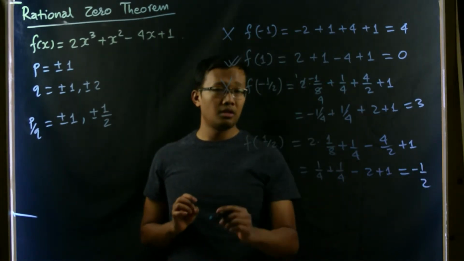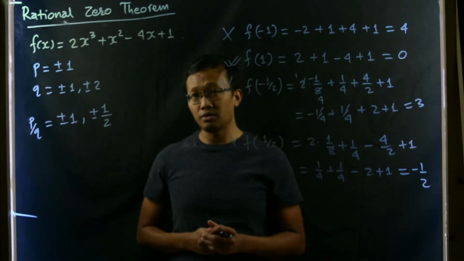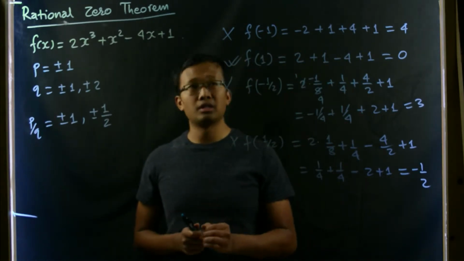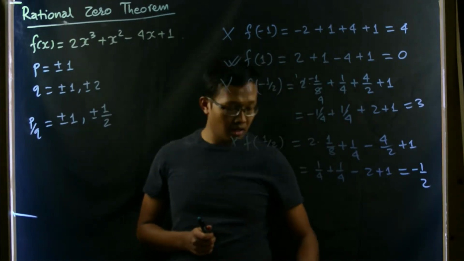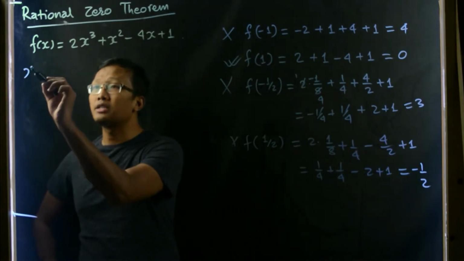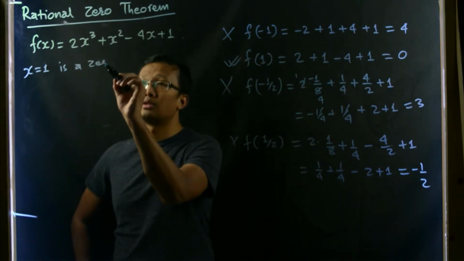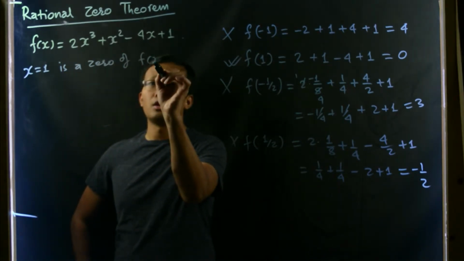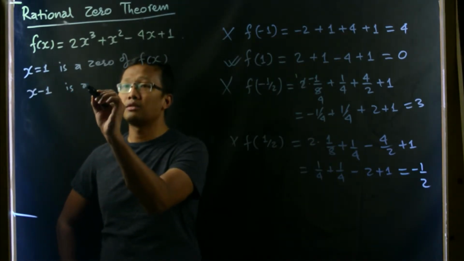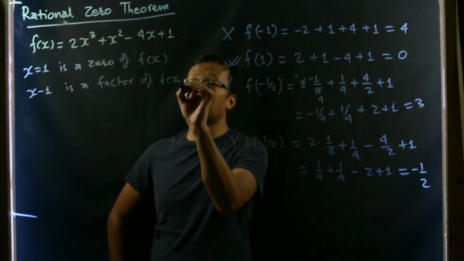So this is also not a zero. That means x equals 1 by 2 is not a zero. So the only rational zero that we got is x equals 1. So we can write that among those four numbers, x equals 1 is a zero of f(x), or you can also write x minus 1 is a factor of f(x).